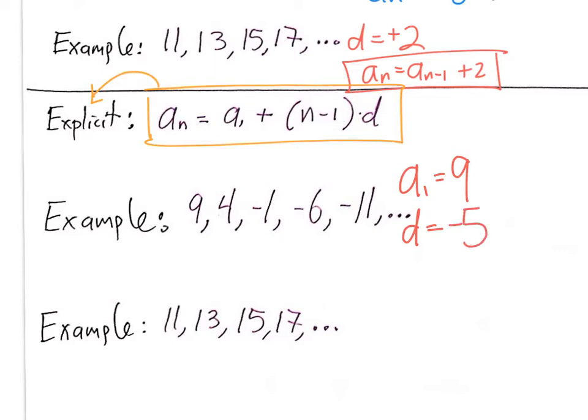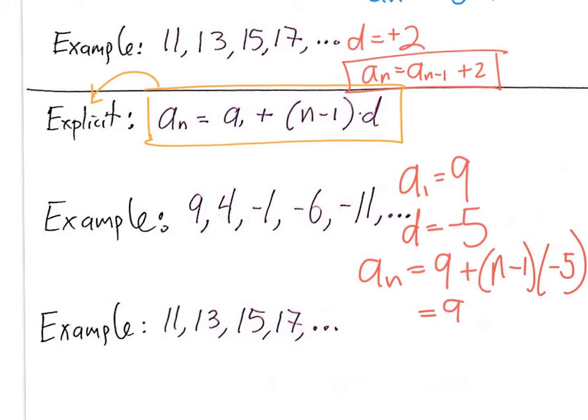So what we can say is that a sub n, so the value of any term, is equal to the first term plus n minus 1 times the common difference, which is negative 5. So this formula has a specific form, but you may distribute.